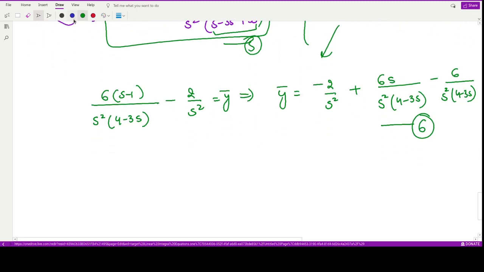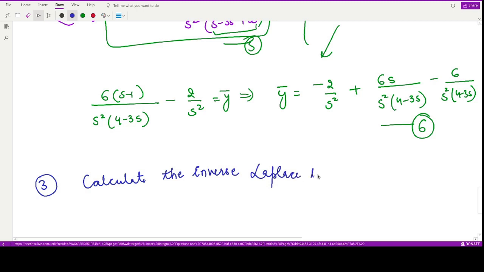So in the third step, you will calculate the inverse Laplace transform of 5 and 6.